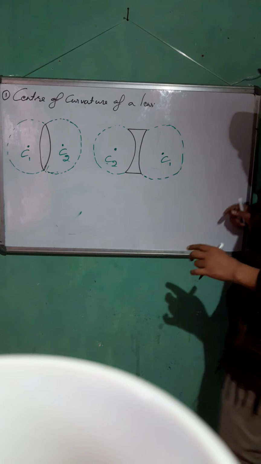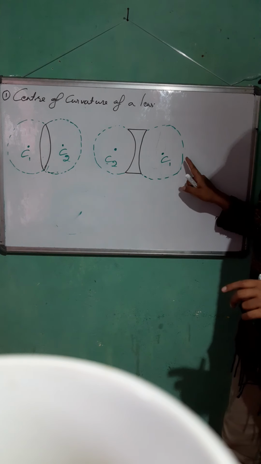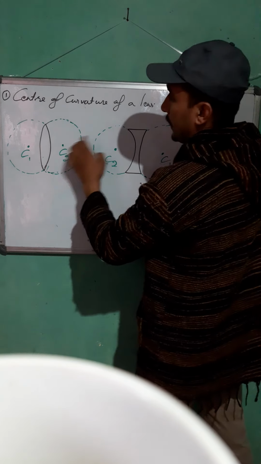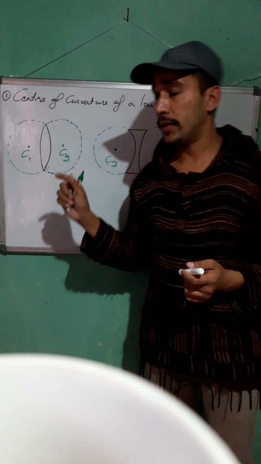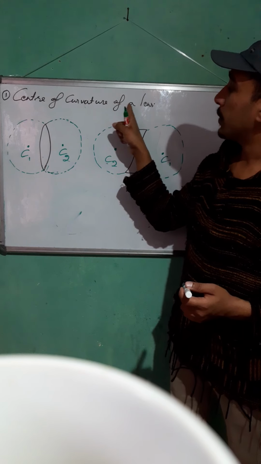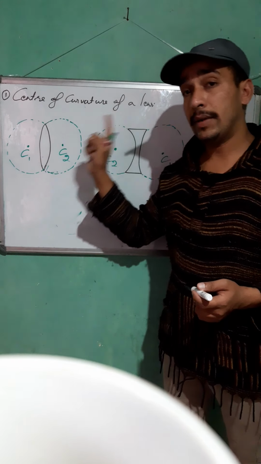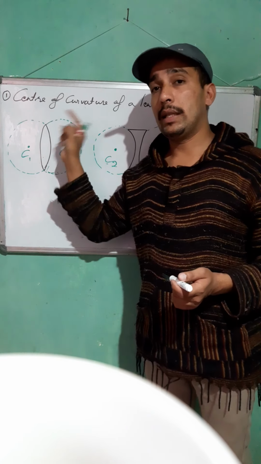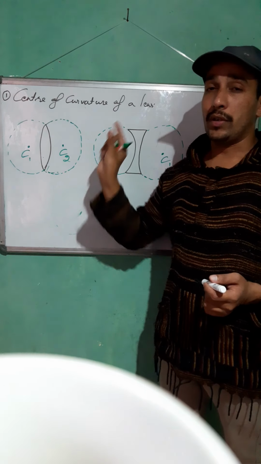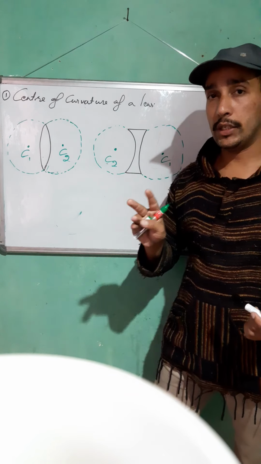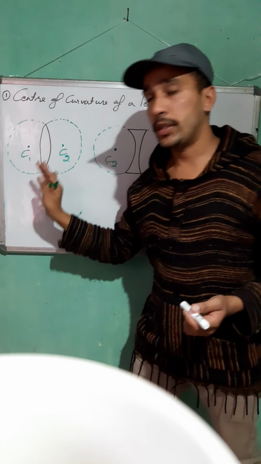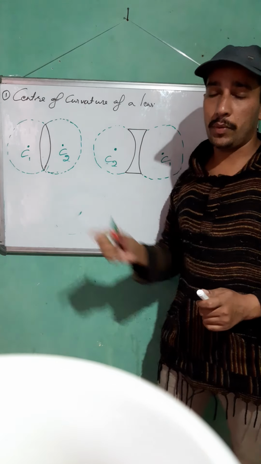For concave, C1 will be on the right hand side. So these two centers are known as center of curvature of the lens. So definition, you can write: center of curvature of a lens is the center of the sphere out of which the lens is made. So a lens has two centers of curvature. They are denoted by capital C1 and capital C2. So up to that you write it.